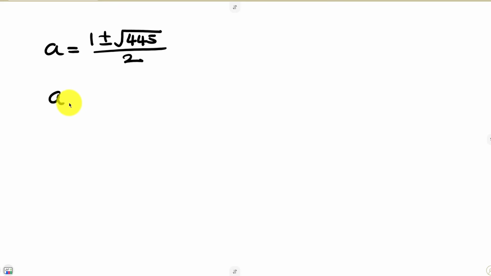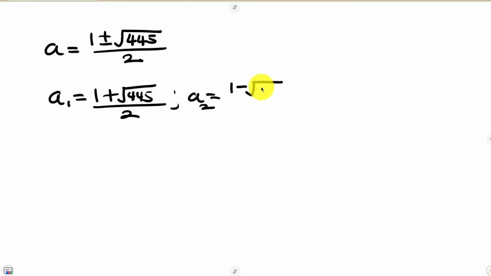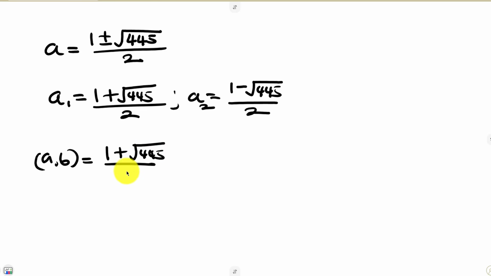The first one is 1 plus the square root of 445 all over 2, and the other is 1 minus the square root of 445 all over 2. So since a and b are the same, their set of solutions will be 1 plus the square root of 445 over 2.